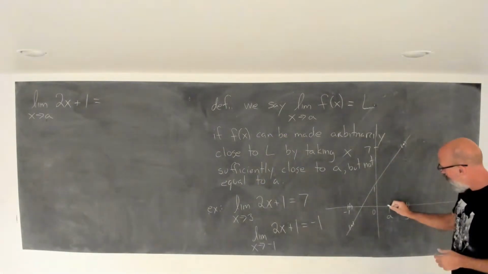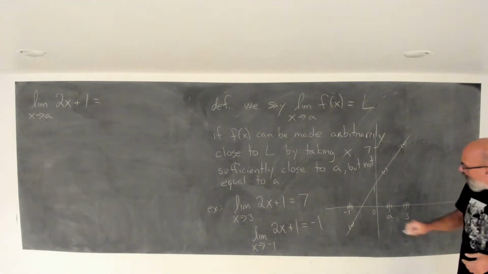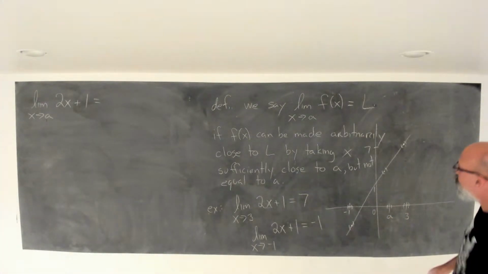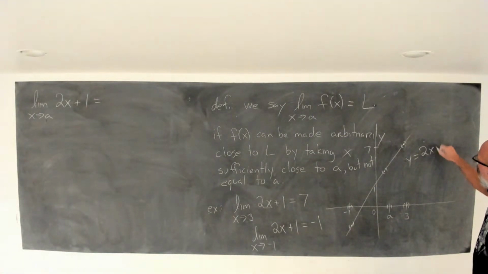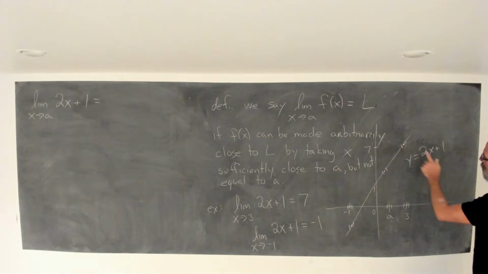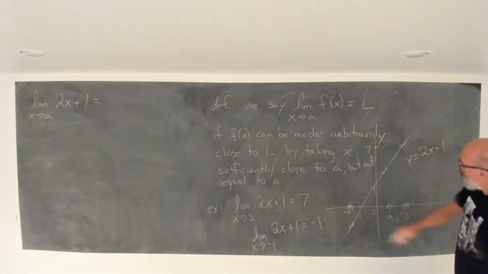If you take numbers very close to a, your function is going to be very close to... Right? Very close to 3, you had something very close to 7. Close to -1 gave you values close to -1.